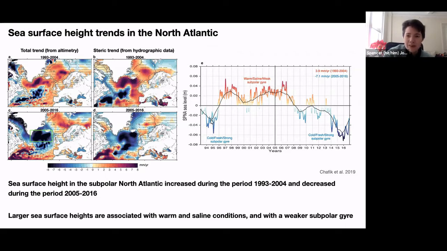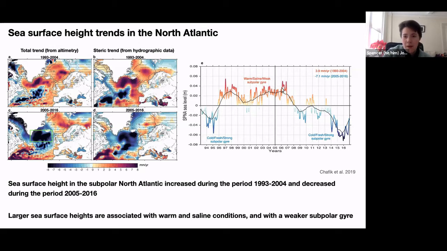You can see that in another way here. I'm going to show you this figure, or versions of this figure, quite a lot throughout the talk. On the left, around 1994, there was a cold, fresh, strong subpolar gyre, and that was associated with low sea surface heights.